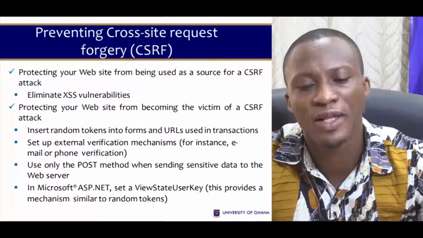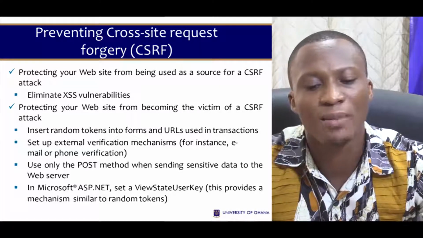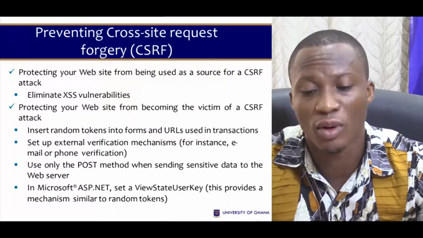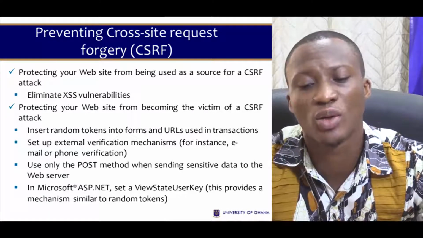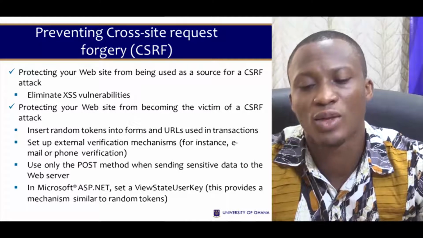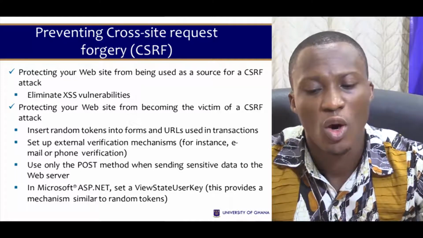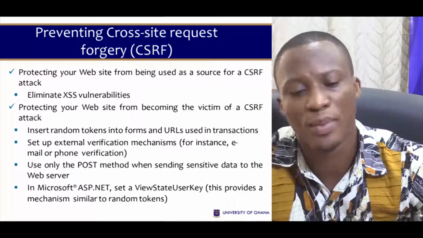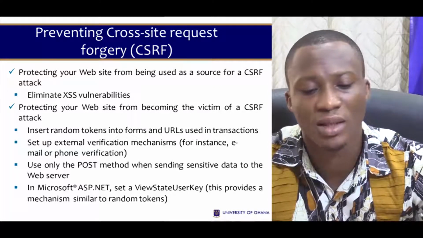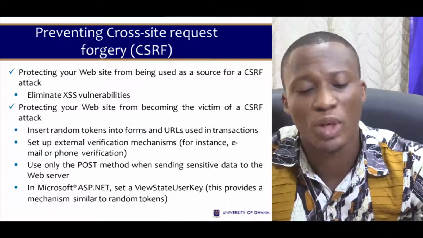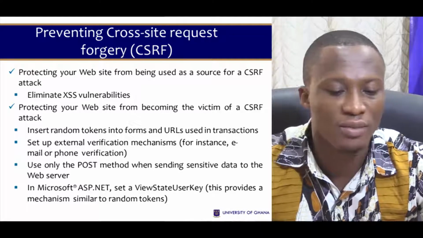Now, how do we prevent cross-site requests? We can do that by eliminating cross-site scripting vulnerabilities. Your site shouldn't be a source for an attacker to do a cross-site request forgery. Also, to protect your website from becoming a victim of cross-site request forgery attacks, insert random tokens into forms and URLs used in transactions.